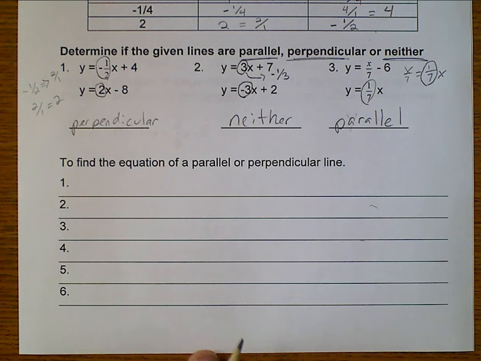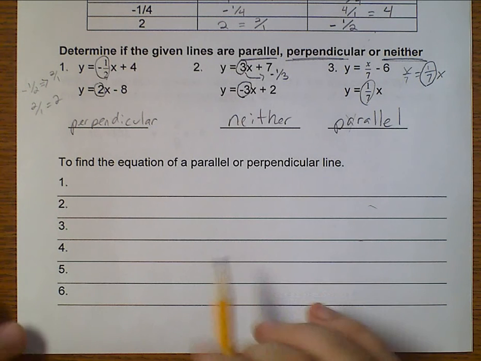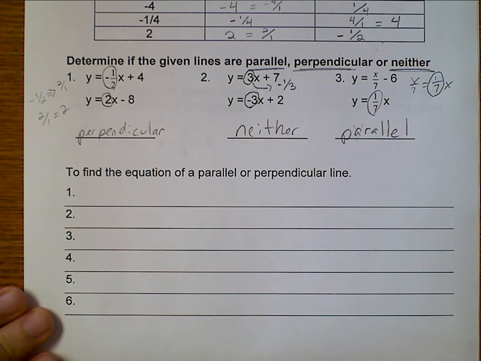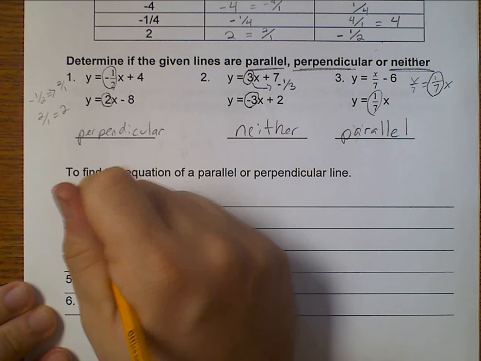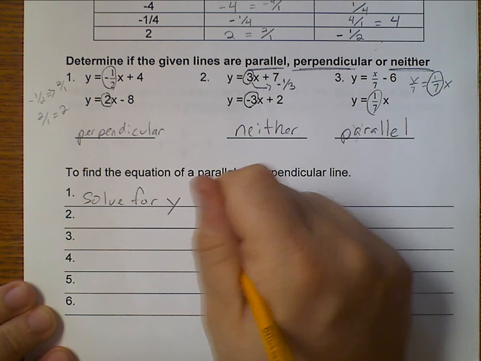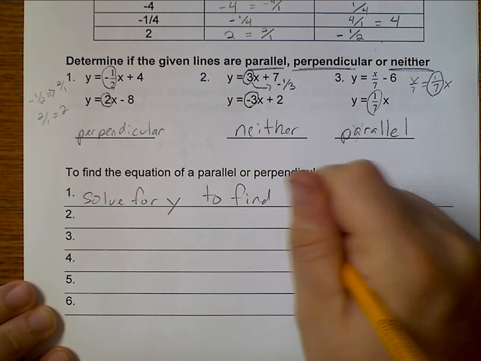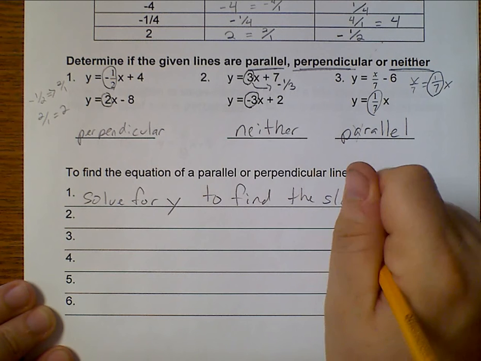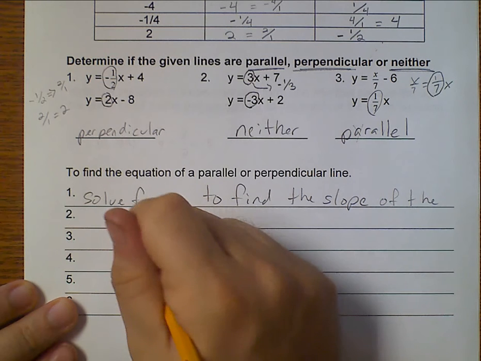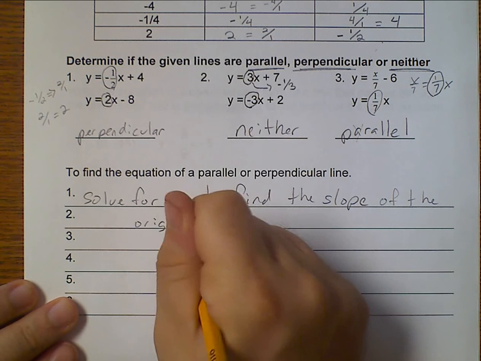Now, to find a parallel or perpendicular line, the first thing you need to do is solve for y to find the slope of the original line.